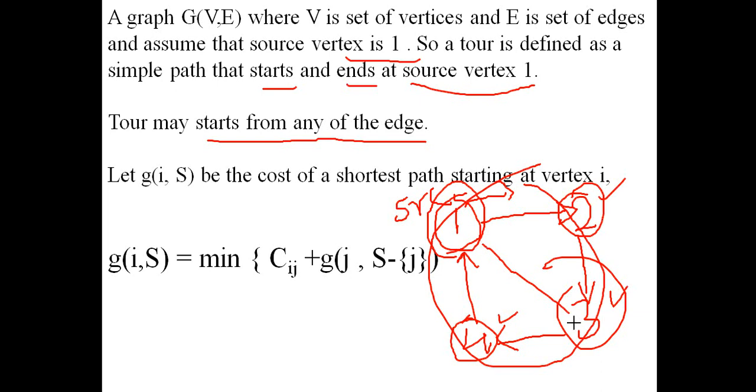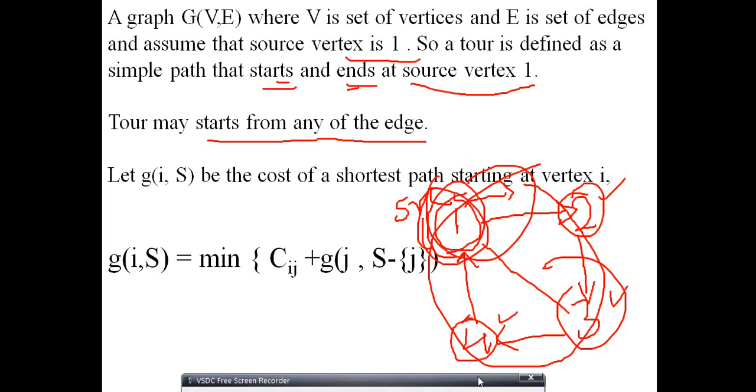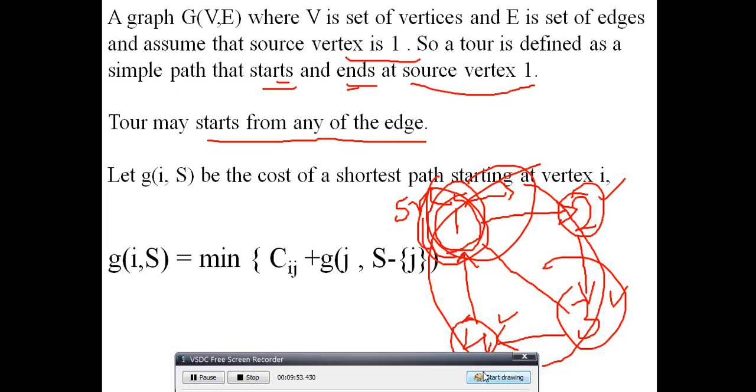You can take either 2, 3 or 4. There is no restriction. So in this example we are considering source vertex 1, and it must start and end at vertex number 1 only. Now a small formula we are going to use.